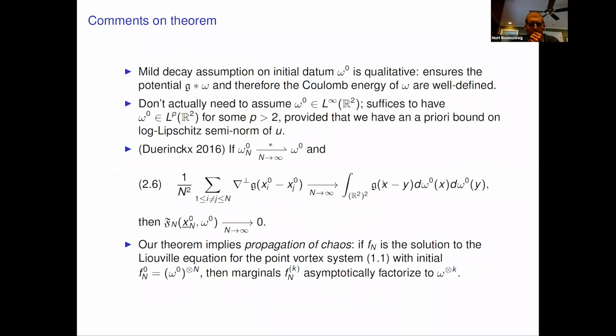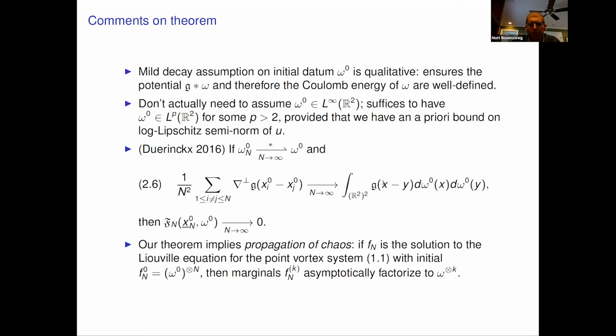So some brief comments on the theorem before we talk about its proof. There are some technical conditions, this mild decay assumption on the initial datum, which are qualitative. They're not really that important except to ensure that the Coulomb energy is well defined and the potential of the vorticity is also well defined. It's like a logarithmic growth condition.